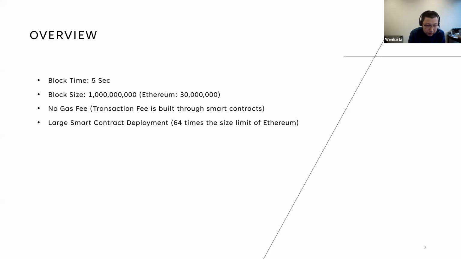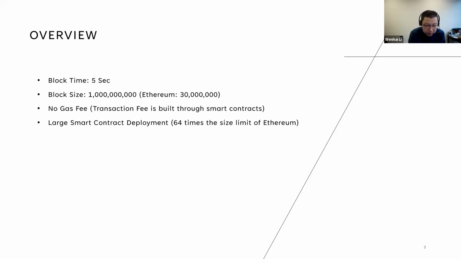Another big difference is that if you are familiar with a blockchain like Ethereum, you know that the maximum bytecode size allowed to deploy on Ethereum is limited. They will not allow you to deploy a single smart contract in a single bytecode, a single file, if it's too big.